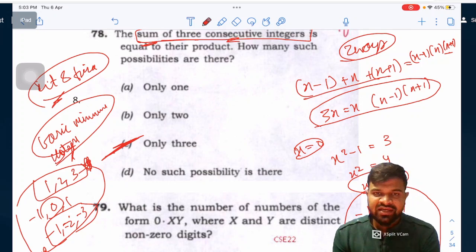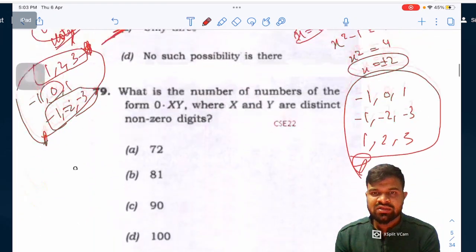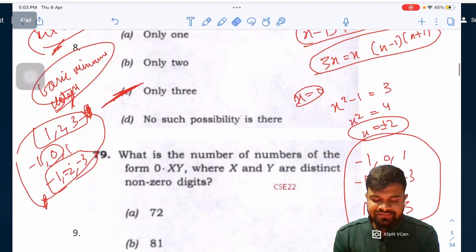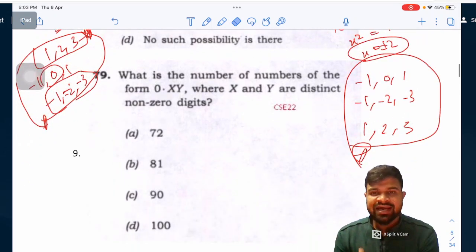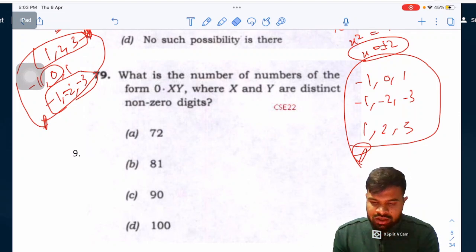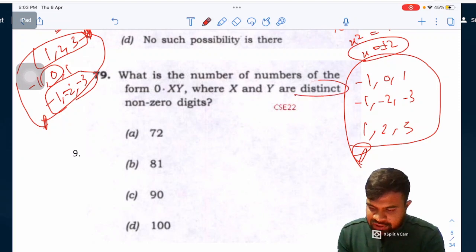So you can go by hit and trial, or this is the conceptual way to deal with this question. It involves some algebra, so you may find it tricky. This was a new pattern of question where only one, only two, such possibilities were asked. This can be repeated in new UPSC exams as well.